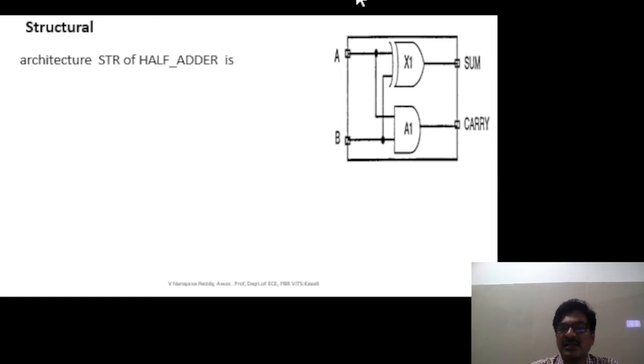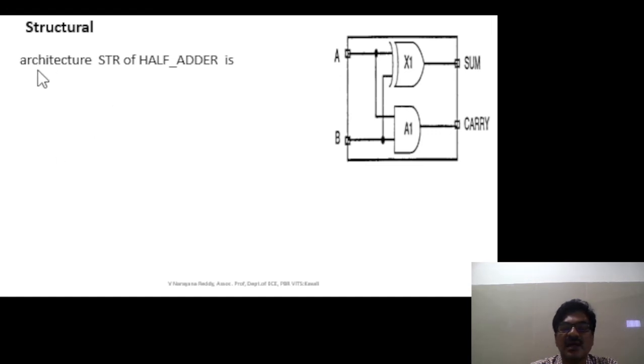Since this logic diagram consists of two components, one is the XOR gate component and another one is the AND gate component, both having two inputs and one output. Initially, I have given names to each component, like XOR gate with X1 and AND gate with A1. These names are used as label names while writing the instantiation statement.